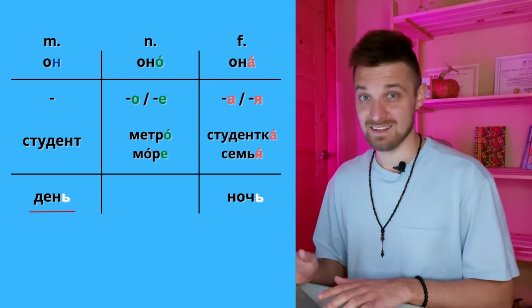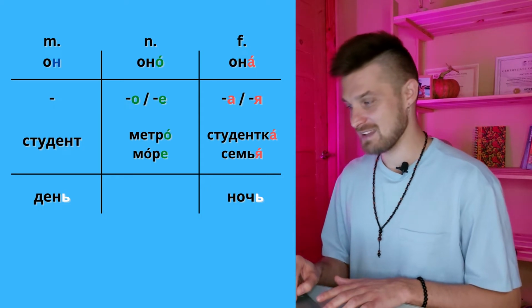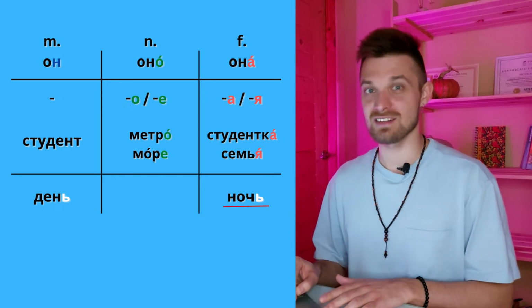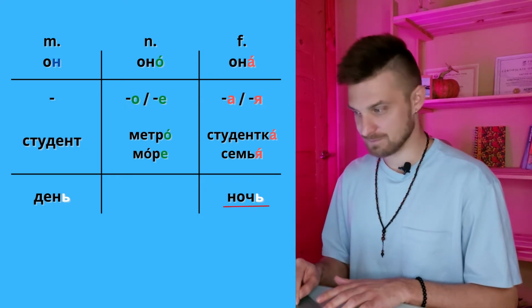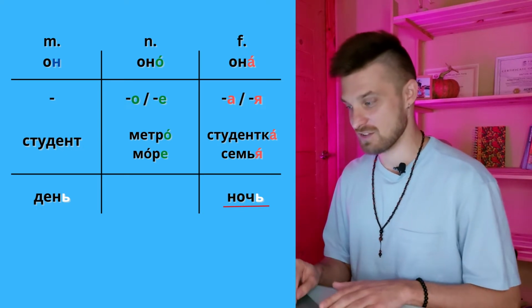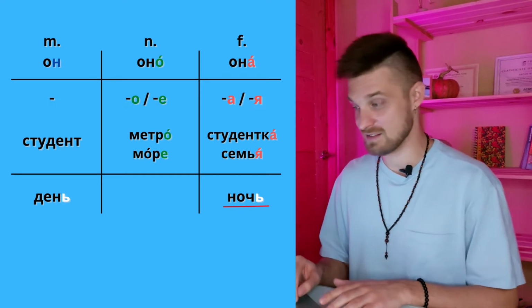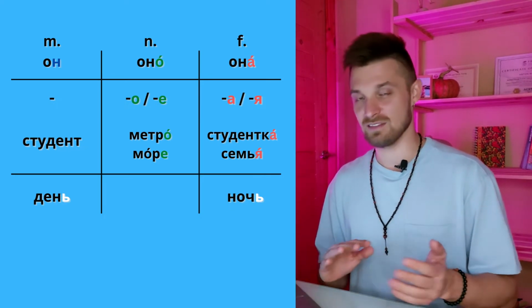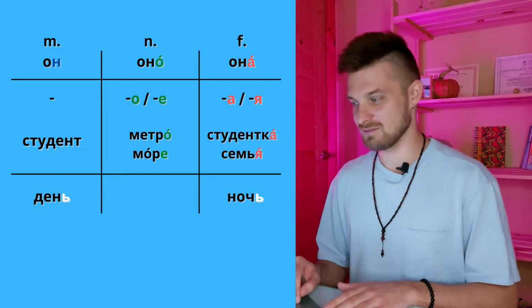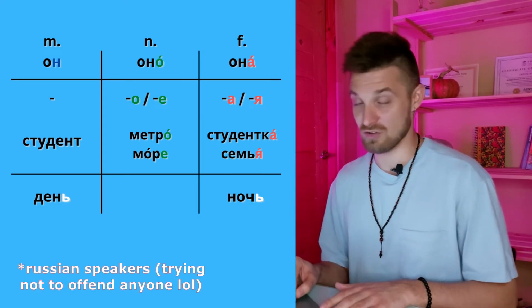День means day, like добрый день, good afternoon, and ночь. Ночь is night. So there is no rule to distinguish which gender the noun is. If it ends with a soft sign, you should know it by heart. If you confuse it, no worries. It's just that only Russians know which gender день and ночь are.